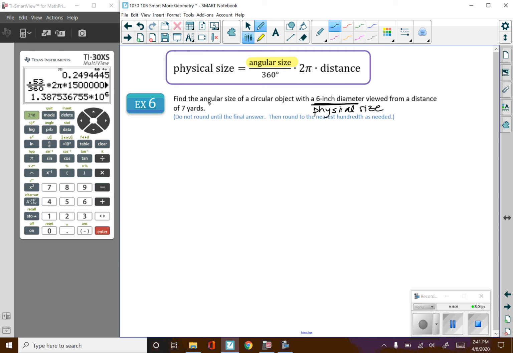We're trying to find the angular size of a circular object that has a physical size of a 6-inch diameter. Our viewing distance is 7 yards. Now, one thing to notice straight away here is that the units don't match. Our physical size is given in inches and our distance is given in yards. So we are going to need to convert into the same units.